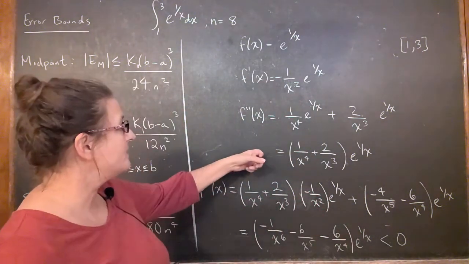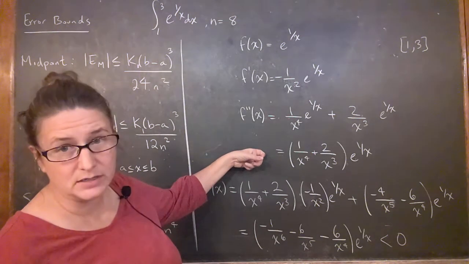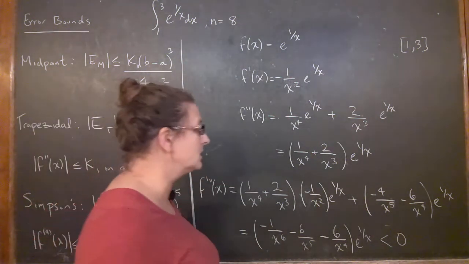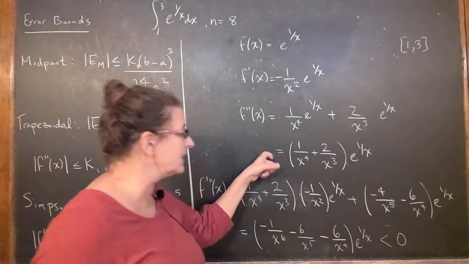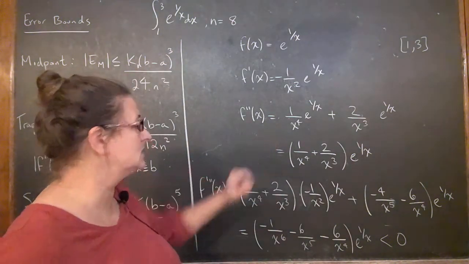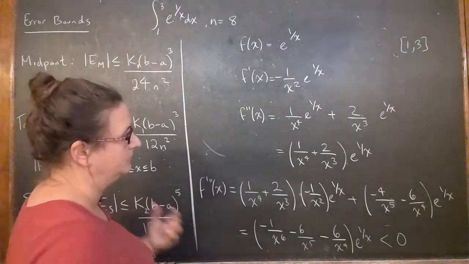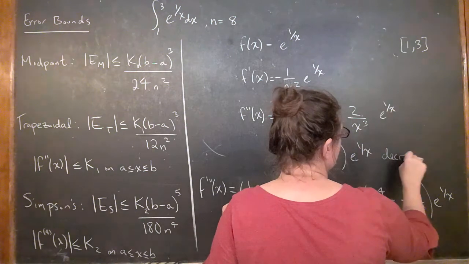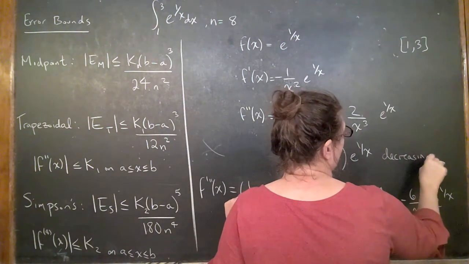That's telling you then the second derivative is decreasing. So I'm not going to have any maxes or mins. I could do a little bit of work, or I could visually, if I put this into Desmos and drew this, see that it's going down. So the second derivative is always decreasing.